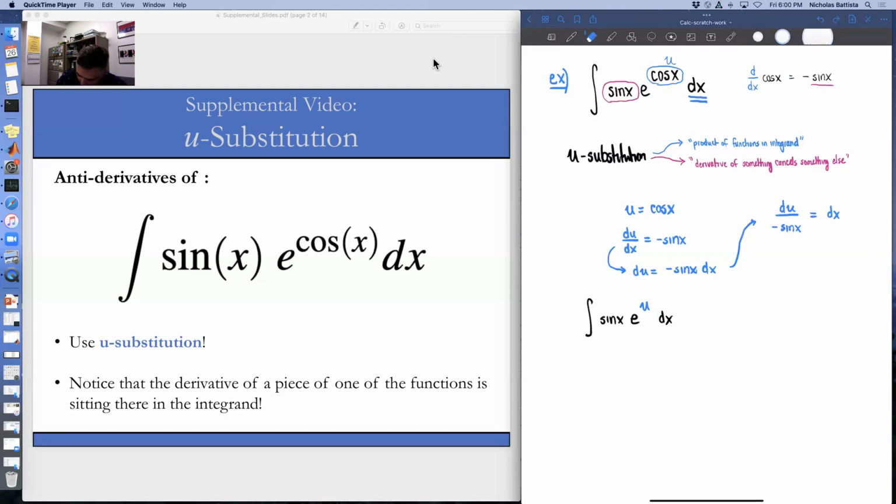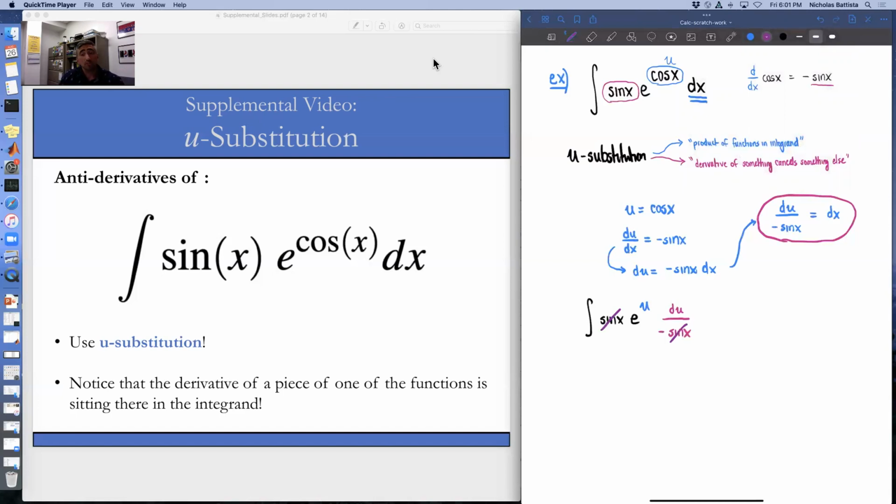I'm going to erase that dx and rewrite it with what we had from our substitution above. So we have du all over minus sine of x. Now you might see that we have that sine of x sitting there in the front, and we're dividing by a sine of x, so we can cancel those two things out immediately.